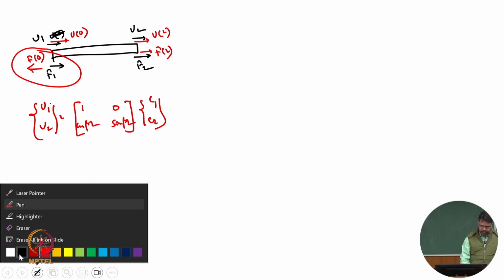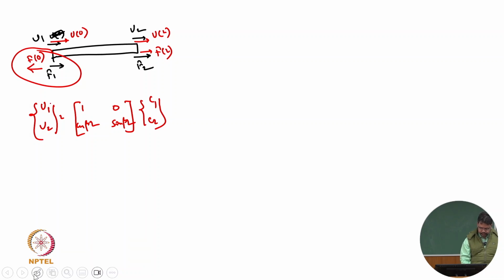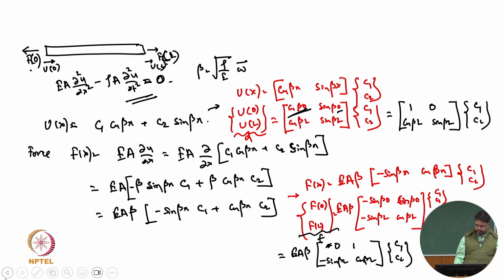Next, F1 F2. Here F1 will be changed: F0 needs to be multiplied by -1.